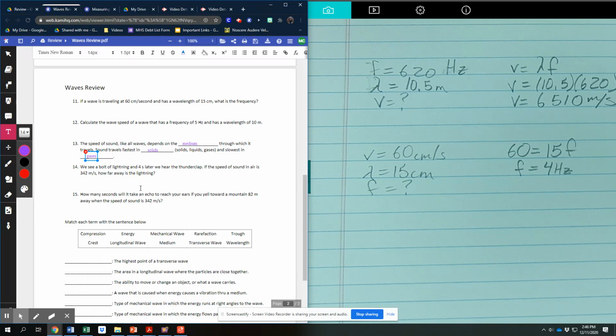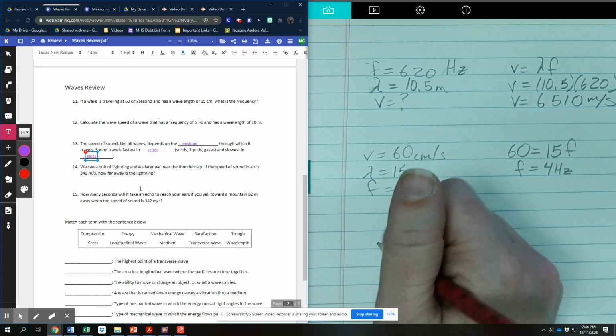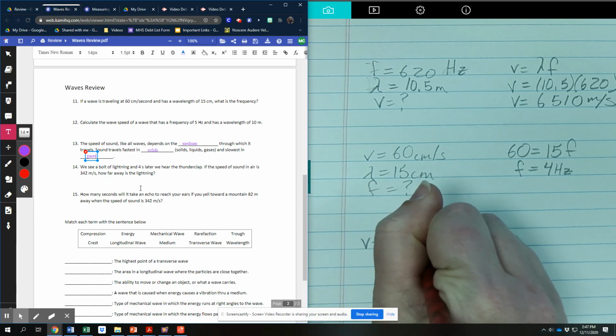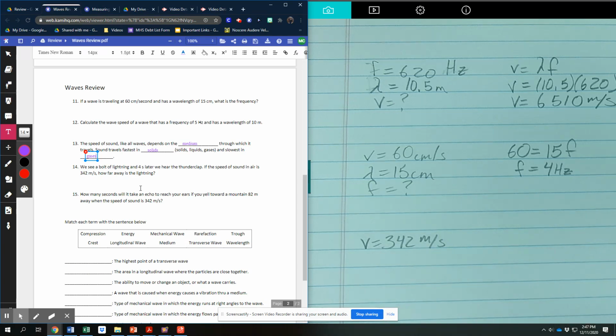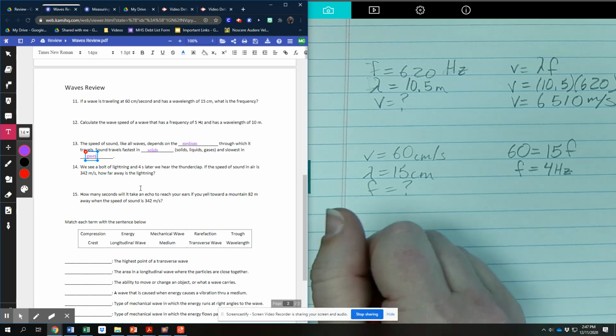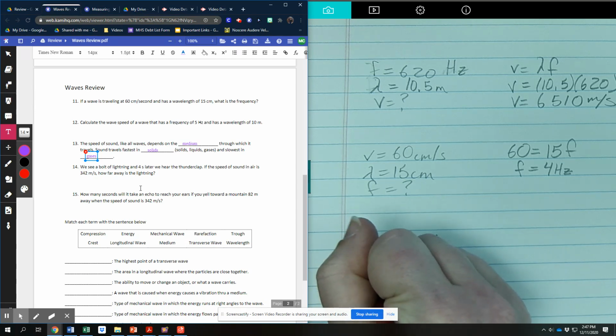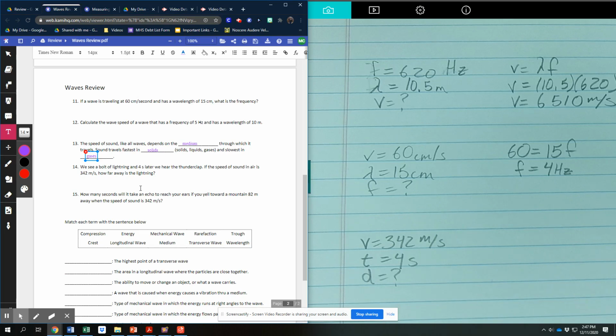Number 14 says, we see a bolt of lightning, and 4 seconds later we hear the thunderclap. The speed of sound is 342 meters per second. How far away is the lightning? So speed is 342 meters per second. We know our time is 4 seconds. Trying to calculate distance.